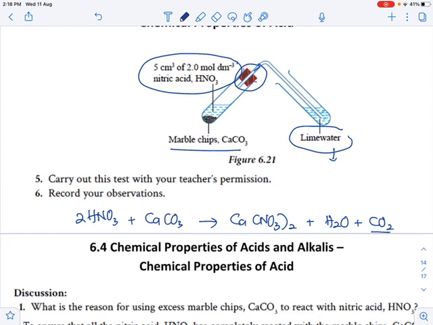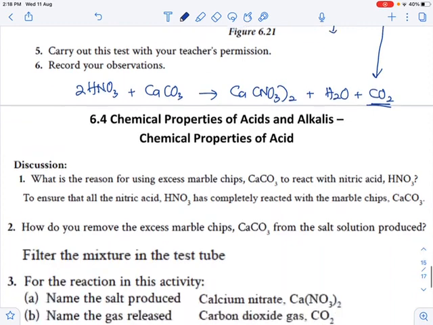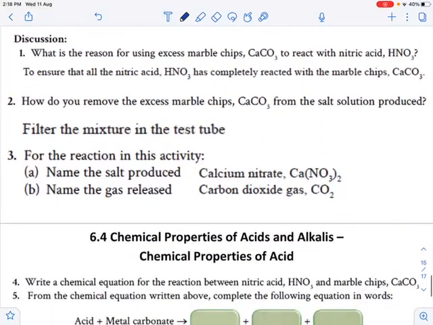So here the product formed is carbon dioxide gas, then the gas flows into the lime water. Lime water turns cloudy because of the presence of carbon dioxide gas. Okay, look at the discussion for this experiment.